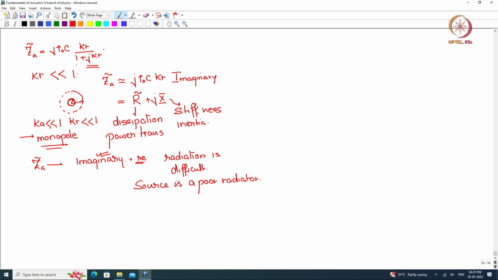Now, just as Z mechanical, the acoustic impedance Z A is indicative of the nature of the medium.